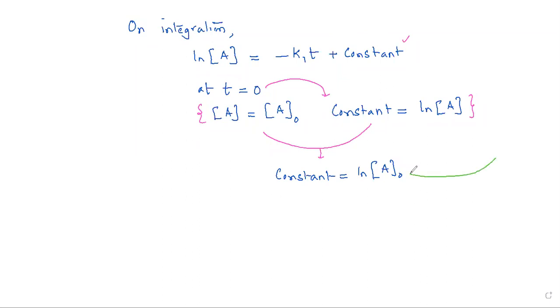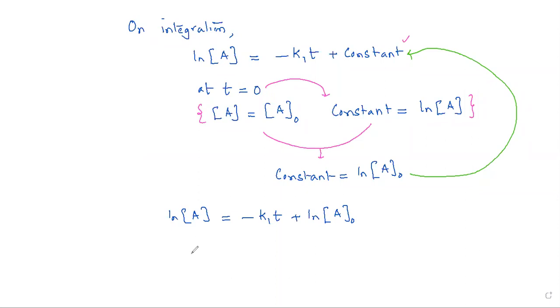Substituting this in this expression, we get log A is equal to minus K1T plus ln A naught. Okay.